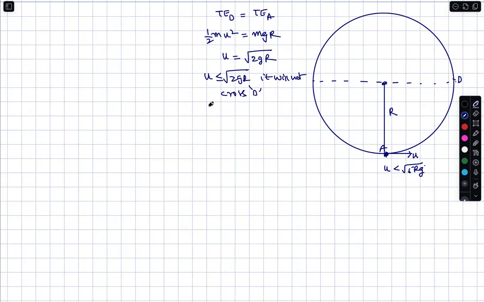But what about tension in the string? It will never be zero for less than that.